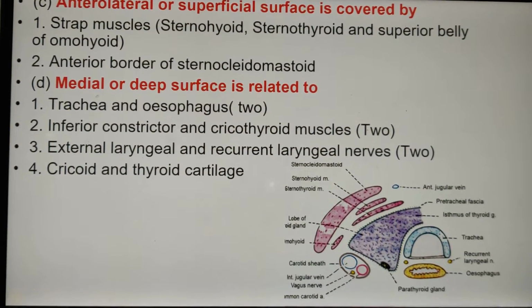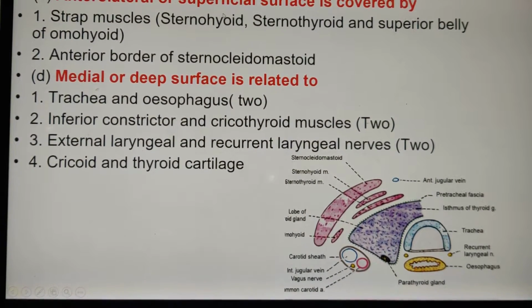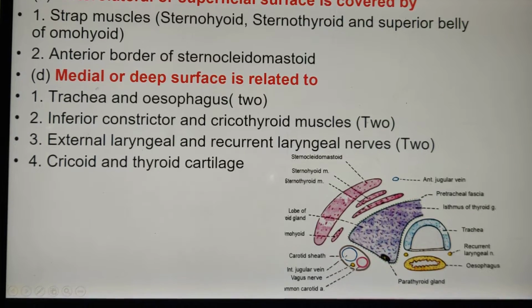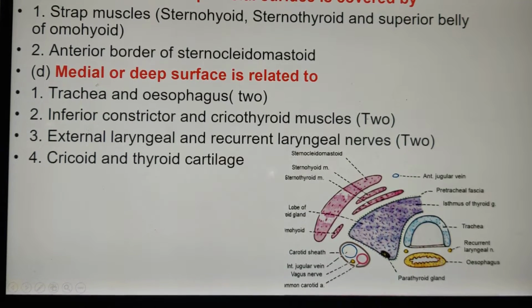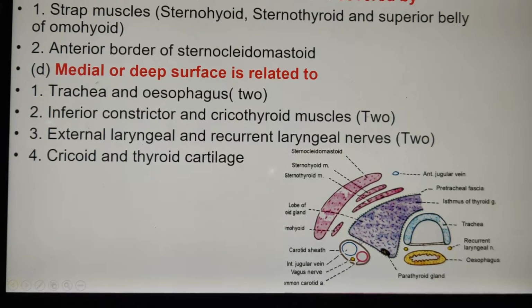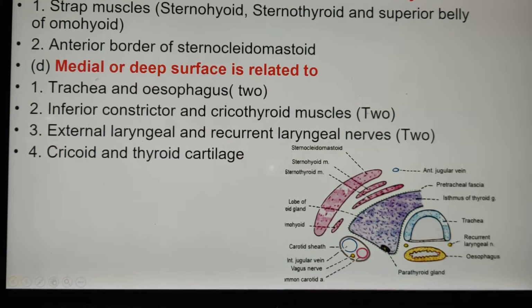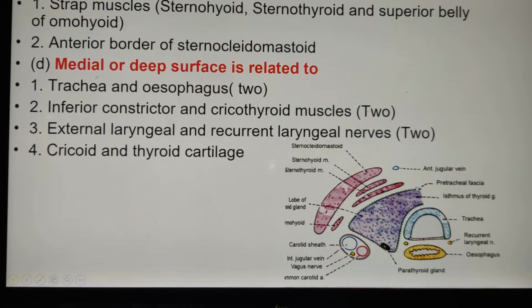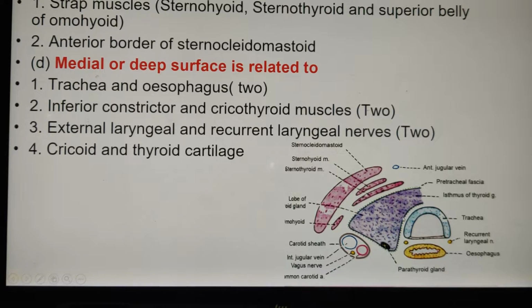The anterolateral surface, or superficial surface, is covered by the strap muscles. Here you can see this is the thyroid gland in blue color; this is the anterolateral surface, and this is the medial surface.